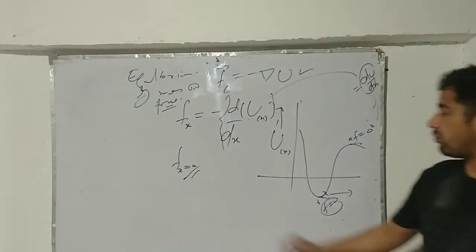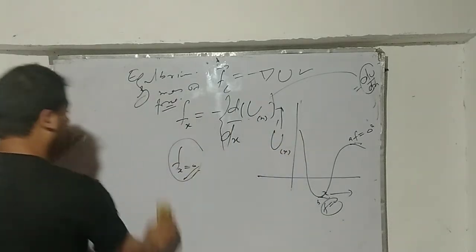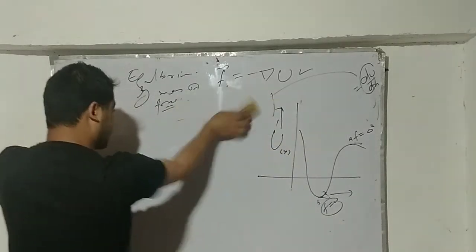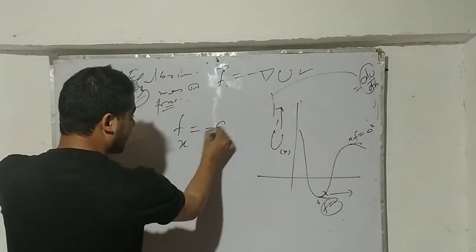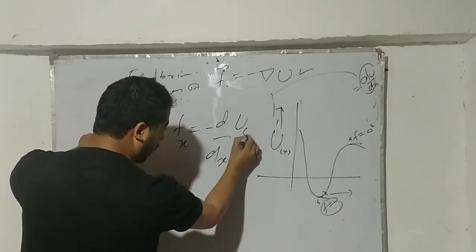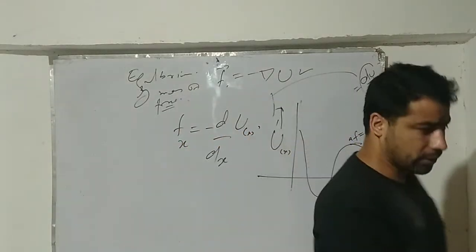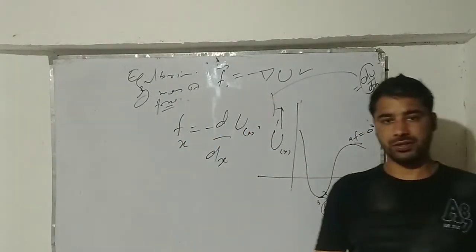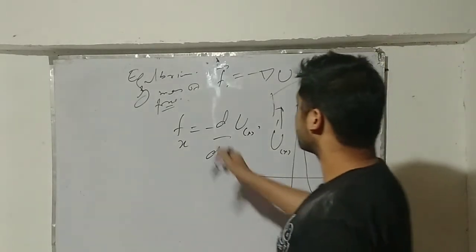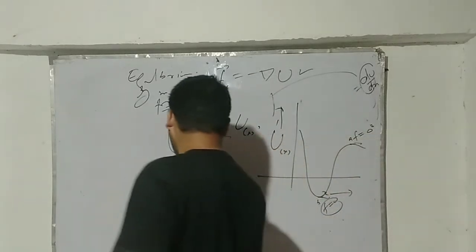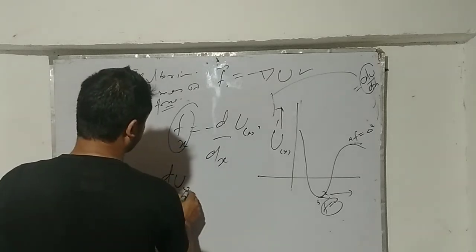So when force vanishes here, if I use this equation once more, this kind of content is very important to analyze. My f of x is minus d by dx of u of x. Again, I'm choosing a one-dimensional potential, which I told you makes my analysis very simple in all respects. So here, look. When I say my force is going to be 0, it means that my du by dx will be again 0.